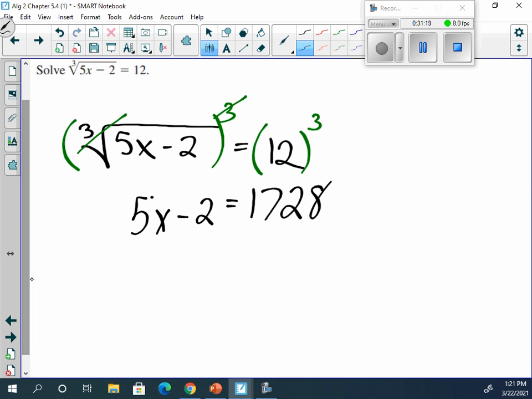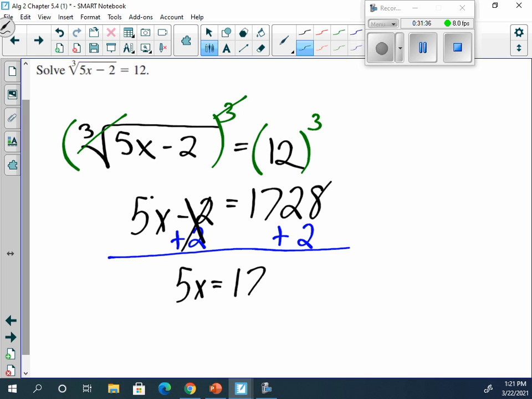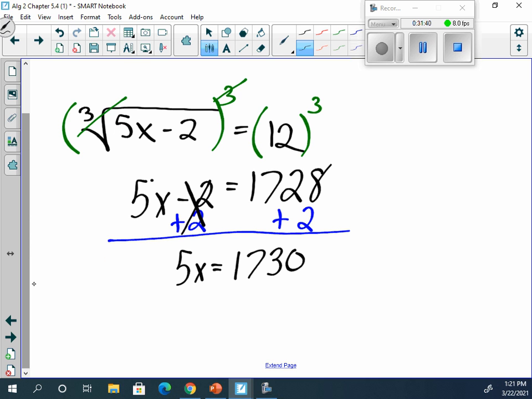Now we just need to solve for the value of x. We can add 2, because negative 2 plus 2 would simplify, giving us 5x is equal to 1,730. And then we would divide both sides by 5.